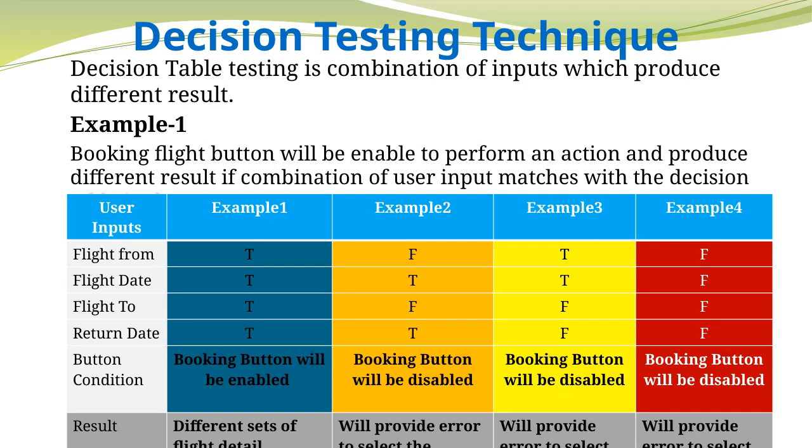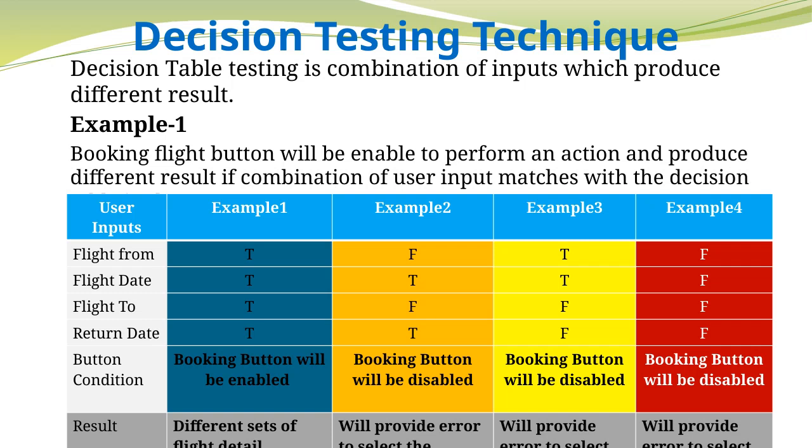Decision table testing helps us verify how different combinations of inputs lead to different outcomes in a system. For example, consider a flight booking scenario where the booking button is enabled only when certain user inputs match specific conditions. Here, the inputs include flight origin, flight date, destination, and return date.